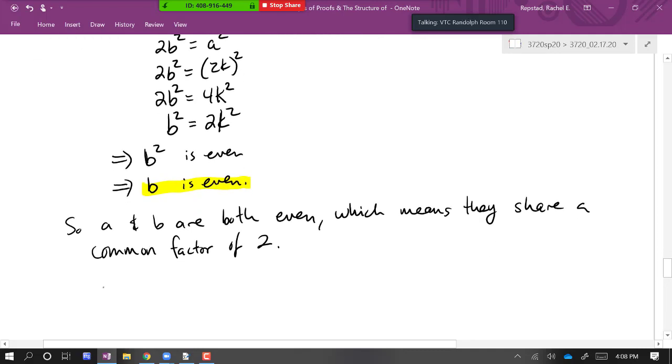So this contradicts our assumption that we could write the square root of 2 as a reduced fraction.